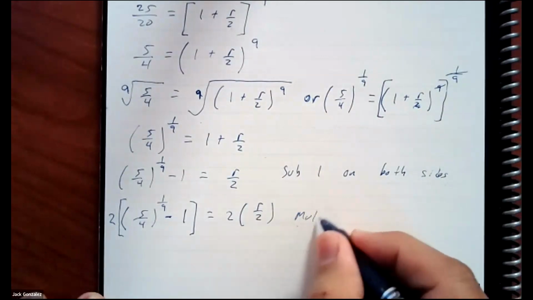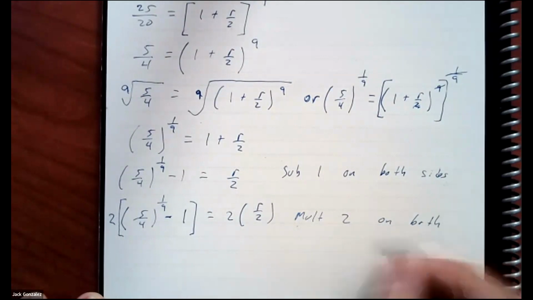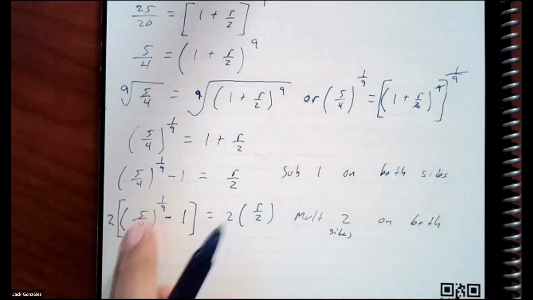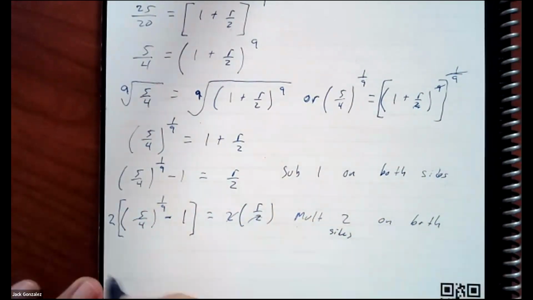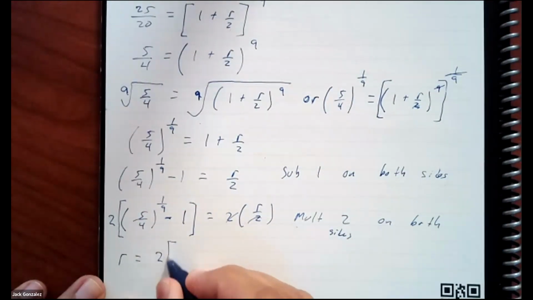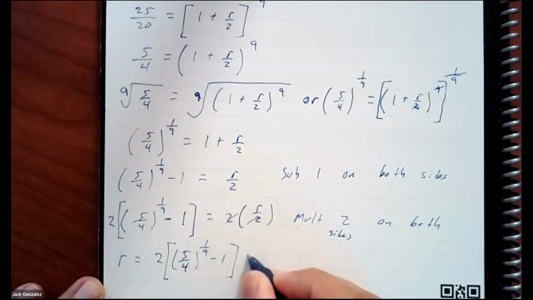Here we're multiplying by 2 on both sides. So now we have r. R is this. So r is equal to 2 times 5/4 to the 1/9 minus 1. Whatever that is.